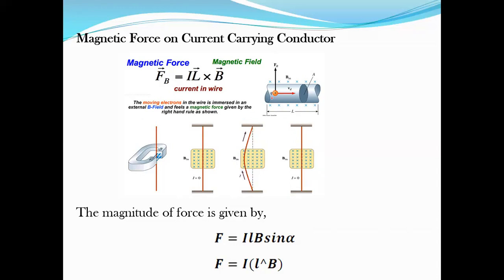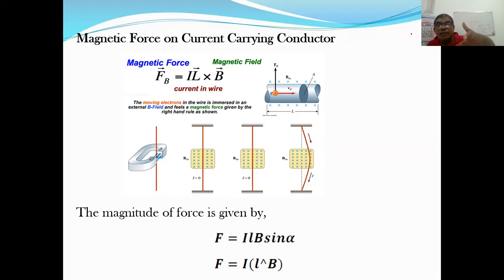Now you can see, suppose we have shown part of a current carrying conductor, and the magnetic field is into the screen, represented as a cross. The charges are moving from the left-hand side to the right-hand side like this.